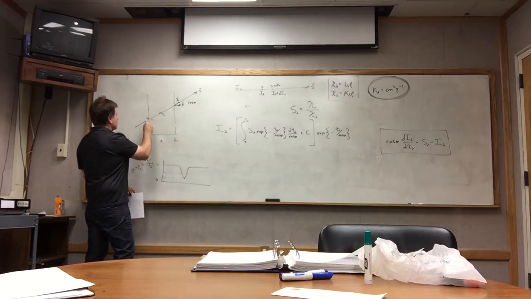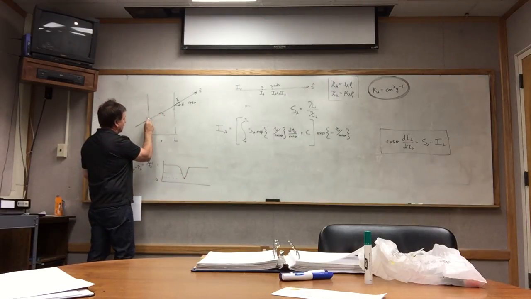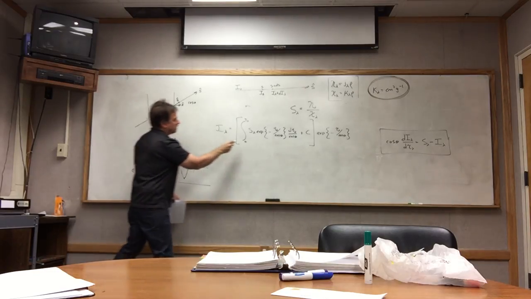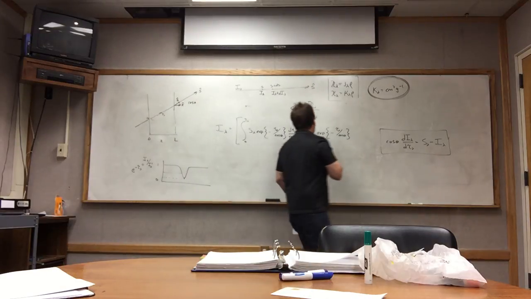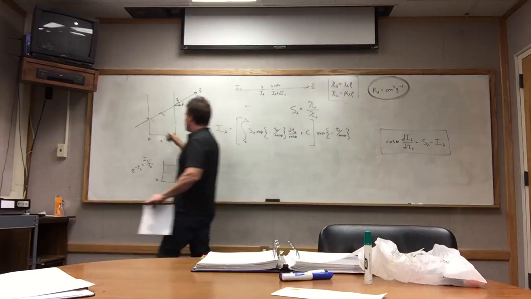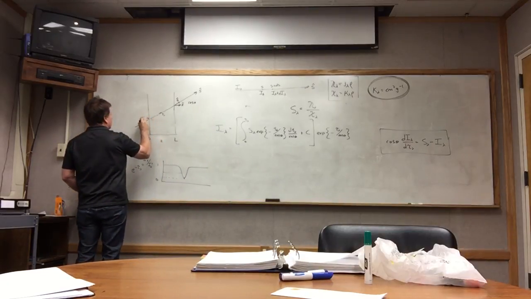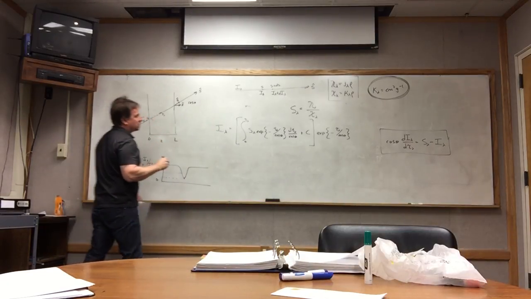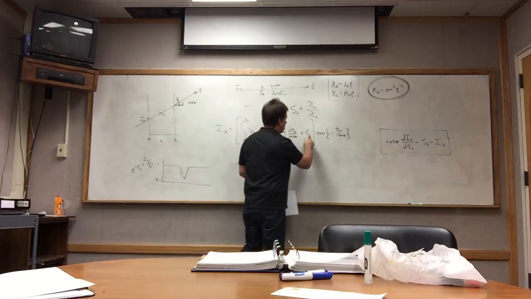This one has attenuated from 0 to tau. This one is attenuated from whatever that is to there. So that's what this integral is. And then we're going to have some offset constant, which has to do with what the initial flux was coming in, this C here.